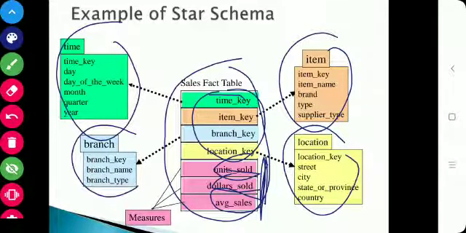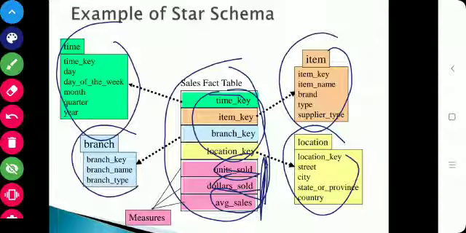This star schema is for an AllElectronics shop for the sales subject. So the sales is the fact table which consists of the keys and the measures, without redundancy. And these are the dimension tables: time, branch, item, and location.